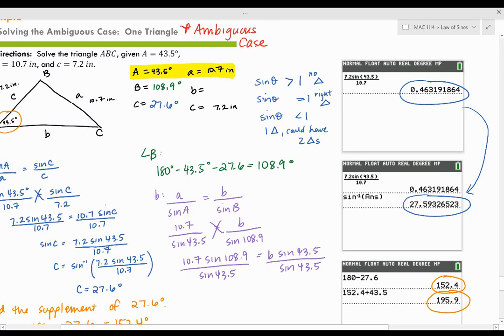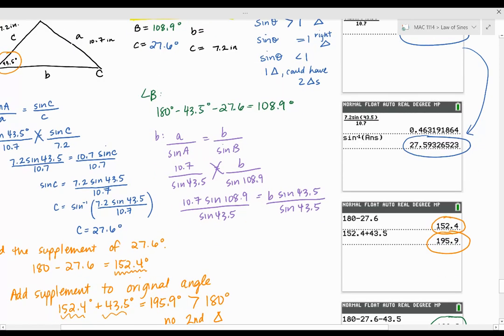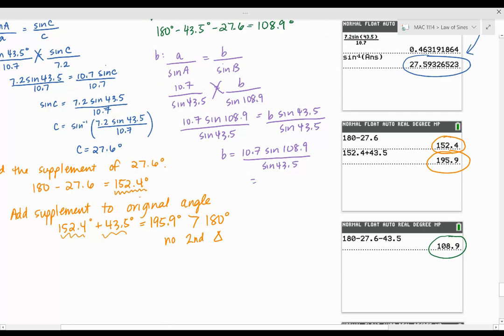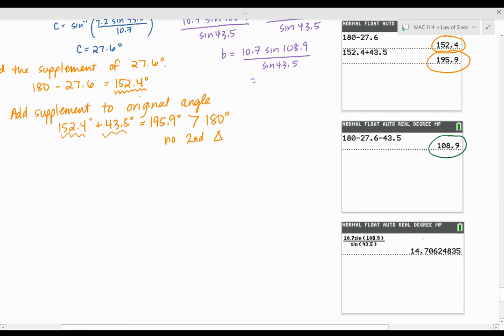So little b will be equal to 10.7 times the sine of 108.9, divided by the sine of 43.5. When I plug that into the calculator, I get 14.7.